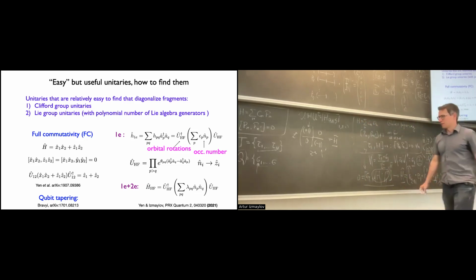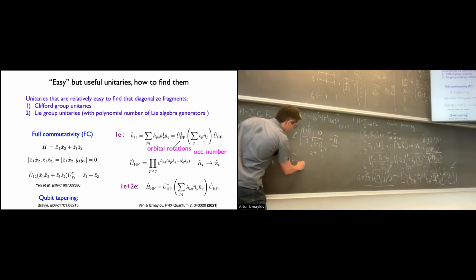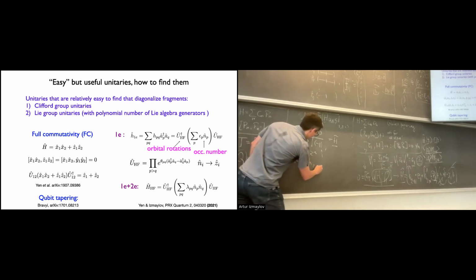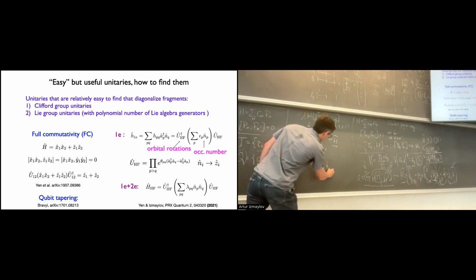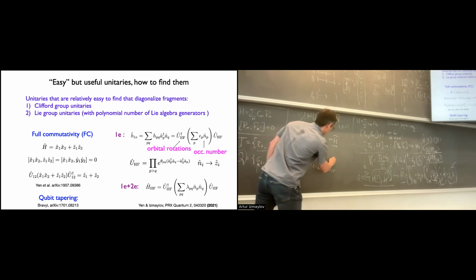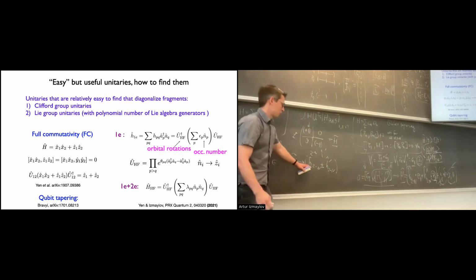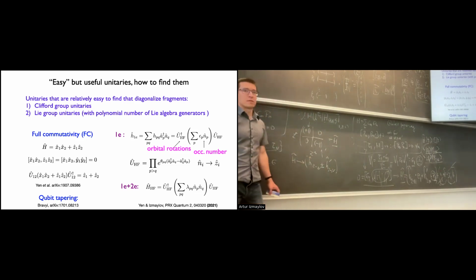So then the tapered Hamiltonian, the H tilde after tapering, will be either H 2n with the plus or H 2n with the minus, right? So essentially you will end up with a Hamiltonian that contains only n minus 1 qubits. So that's the tapering mechanism.